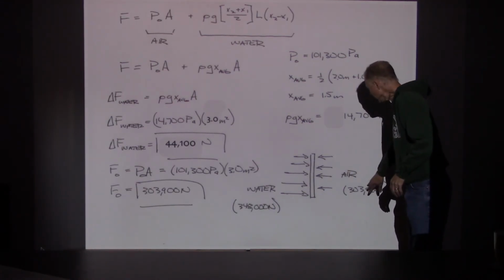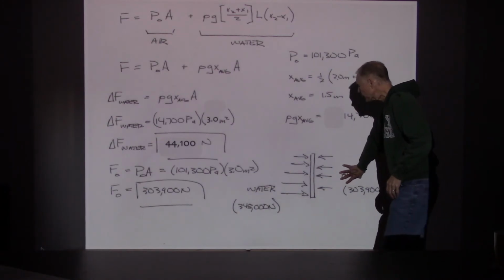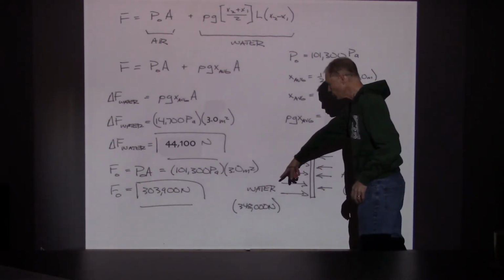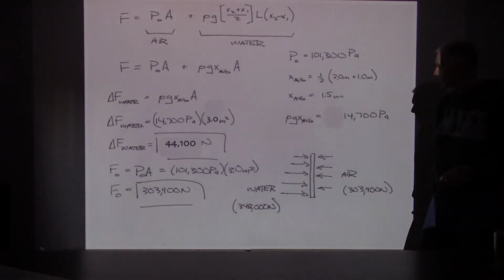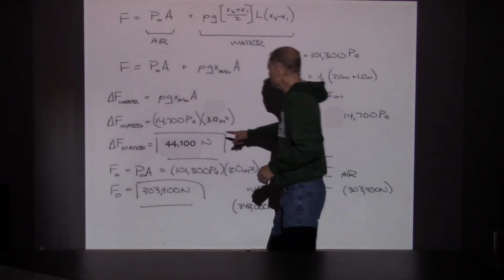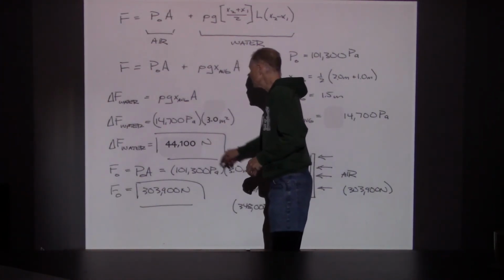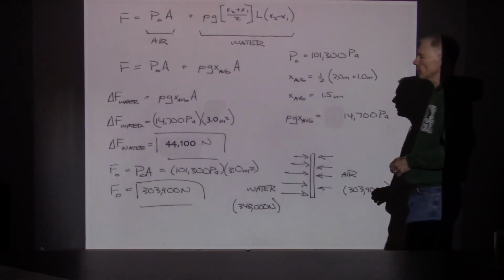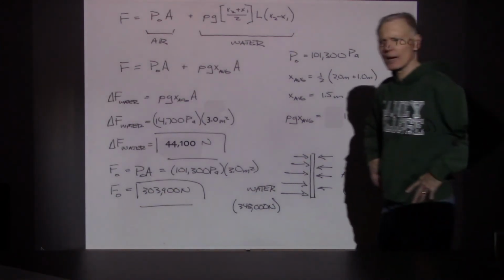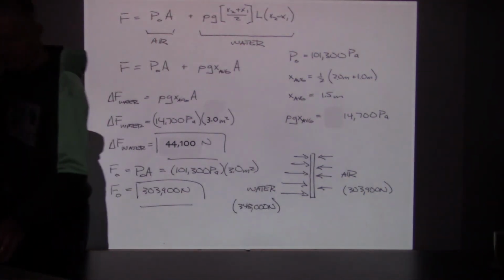If we eliminated the air, this pressure would go away, and then we would have to build the window strong enough to withstand that much force. So again, we just have to build the window strong enough to withstand the additional 44,100 newtons that the water pressure is going to add to the left side of that window, the way we have that drawn.